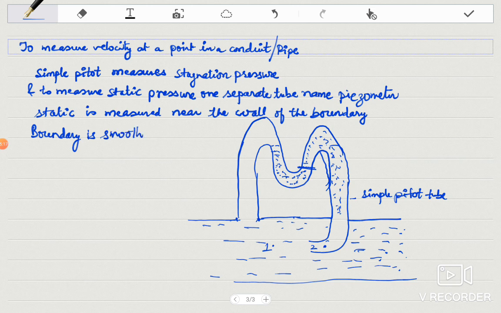This condition is taken, the boundaries are taken to be smooth, because the streamlines adjacent to the boundaries are straight lines, not curved.